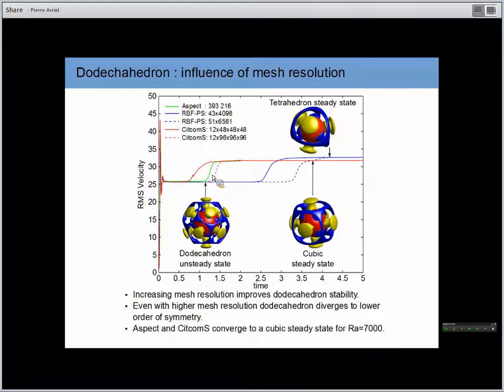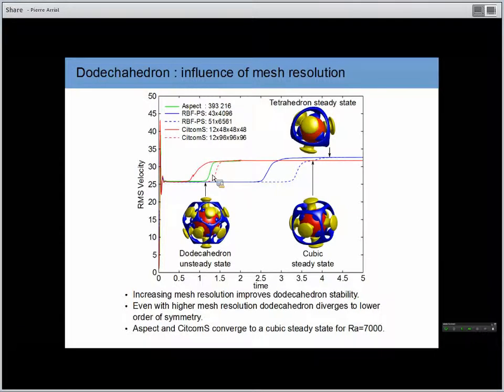I'm going now to show you some other results. I'm going to describe the second test case. In the literature, we can see that the linear stability at higher order of symmetry should be stable, and in particular corresponds to a dodecahedral pattern.